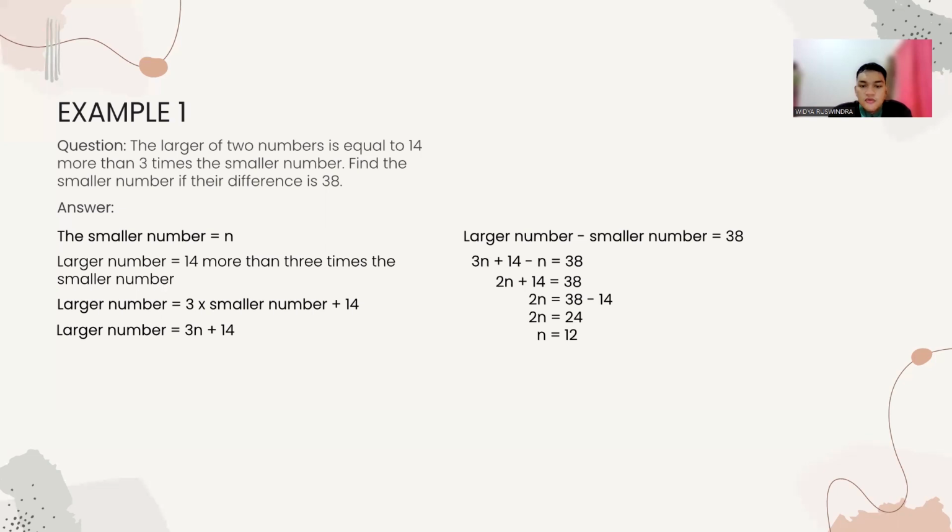And from both sides, we subtract 14 and we get 2n equals 38 minus 14, and we get 2n equals 24. And dividing both sides by 2 we get n equals 12. So we cross-check the answer. Therefore, the smaller number is 12 and the larger number is 3 times 12 plus 14 equals 50. So the smaller number is 12.